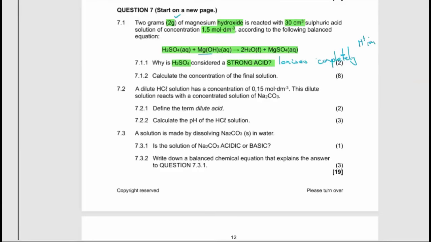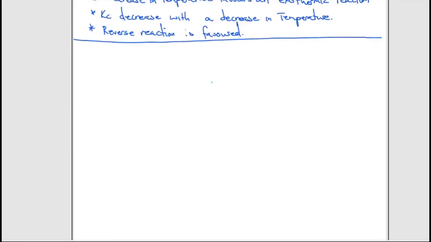So we are going to start with the number of moles of magnesium hydroxide, which is equivalent to m over M. Here I'm given the mass of magnesium hydroxide, which is 2, and if we calculate the molar mass, we get a value of 58.